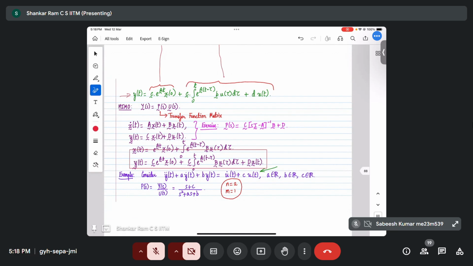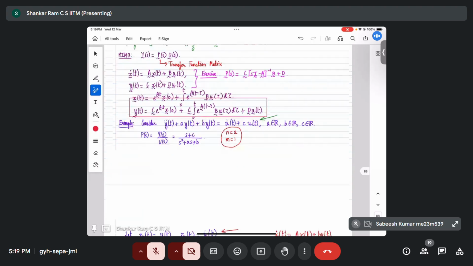So I hope it is clear how, when we take the state equation, we are able to get the free response and the forced response. That becomes important for us as we proceed in our analysis, because using the state space representation, we can solve for both the system output due to initial condition and the system output due to the input that we provide. Okay, so both the things can be done.